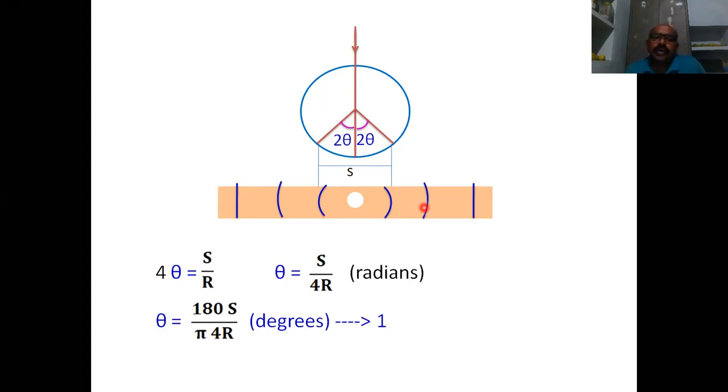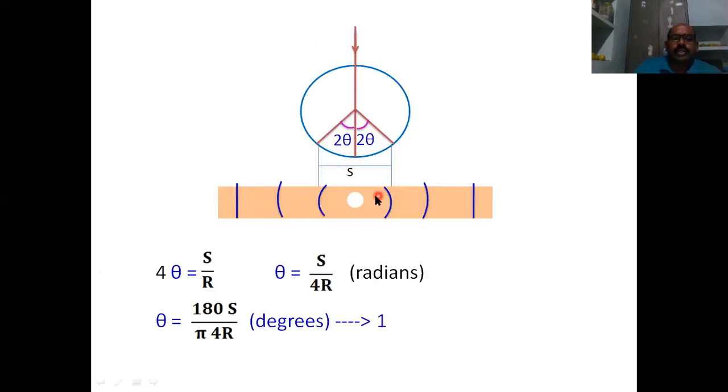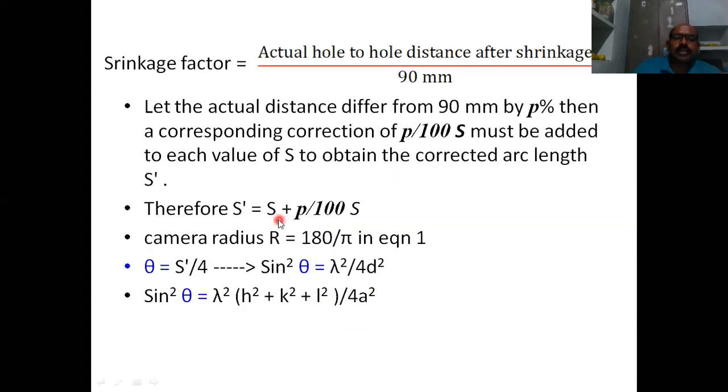Similarly, we get the diffraction patterns of different sets of planes, which are making different angles with the incident X-ray. So S is measured from this, and from that, by substituting in this we get S dash, and by substituting S dash in this formula we get theta.